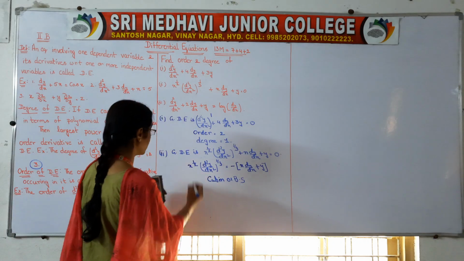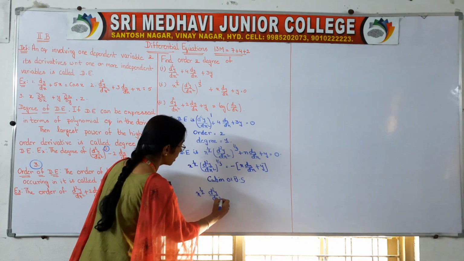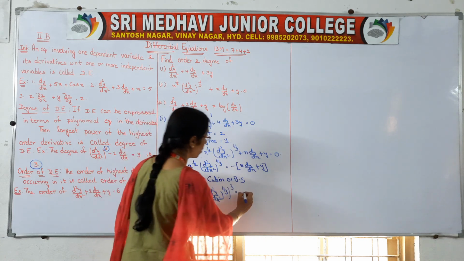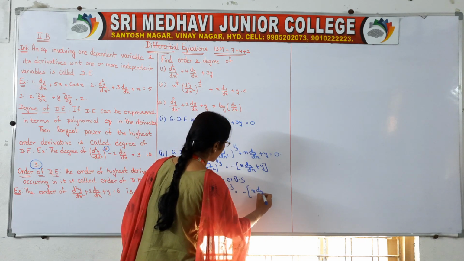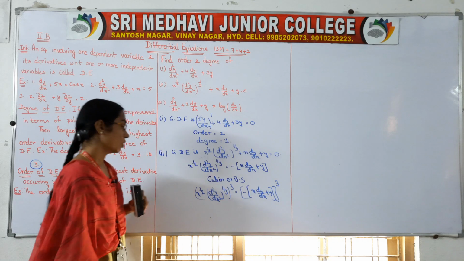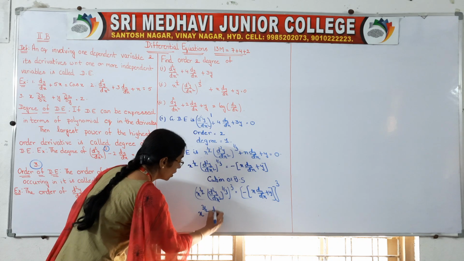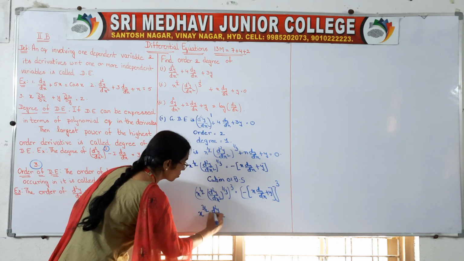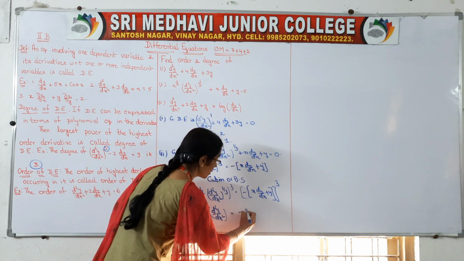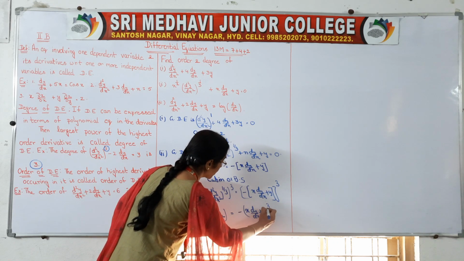So what happens then? x to the power of 1 by 2 d square y by dx square to the power of 1 by 3, whole cube, is equal to minus of x dy by dx plus y whole cube. So then your equation is x to the power of 3 by 2 d square y by dx square, 3 cancels, is equal to minus of x dy by dx plus y whole cube.